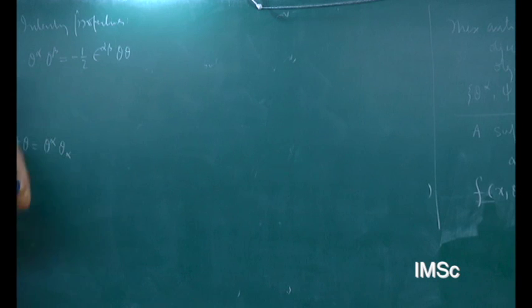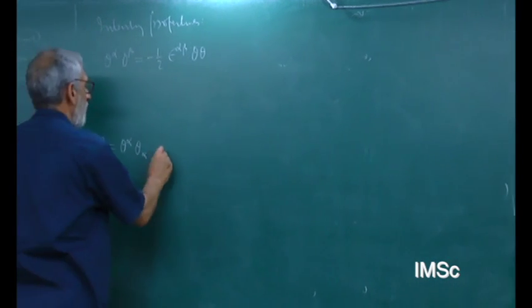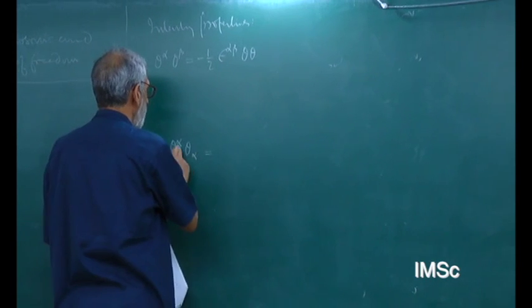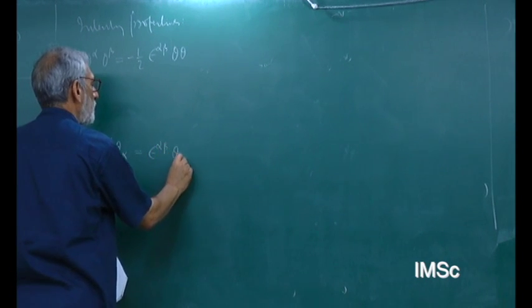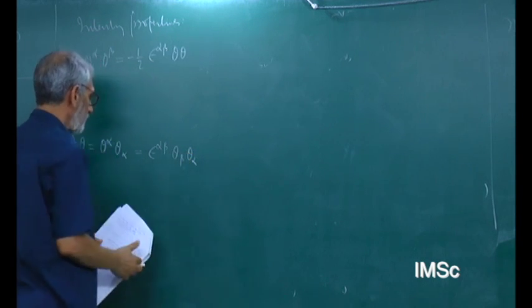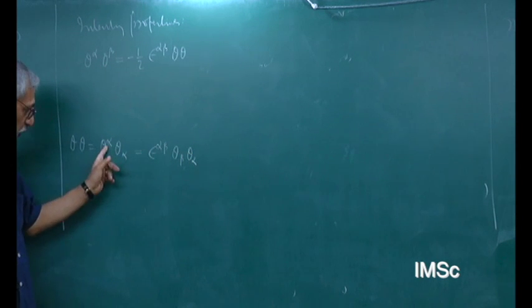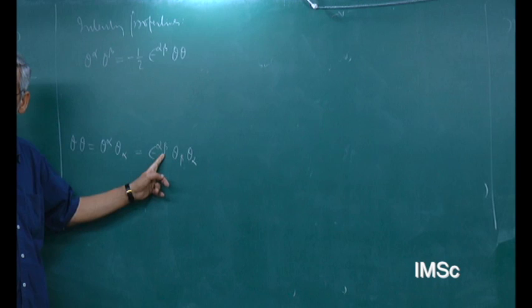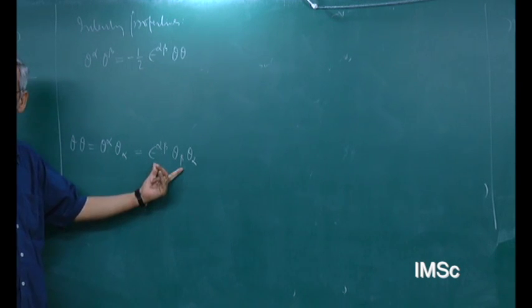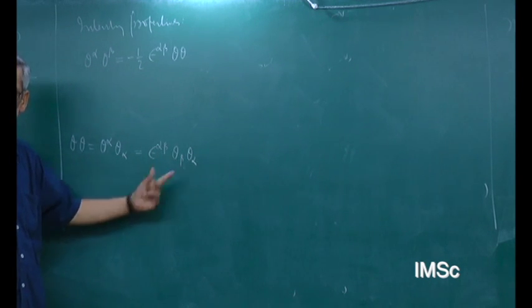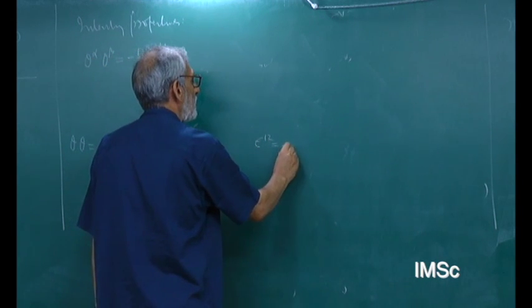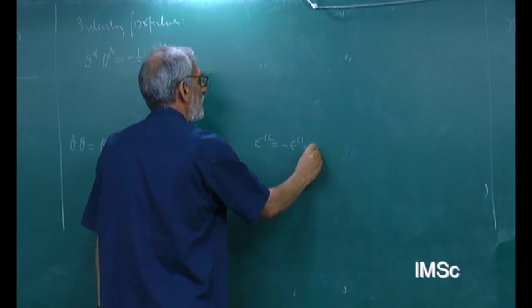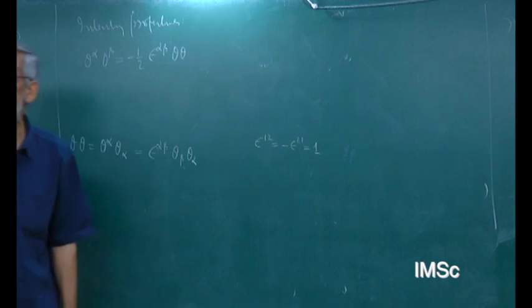This is very easy to check, because this is what we mean by this object, and this I can write as epsilon beta theta beta theta alpha, because I can lower this through this epsilon, write it like this, and epsilon 1 2 is minus epsilon 2 1 is plus 1 in the way we have set up our conventions.